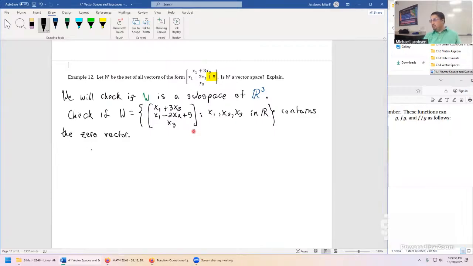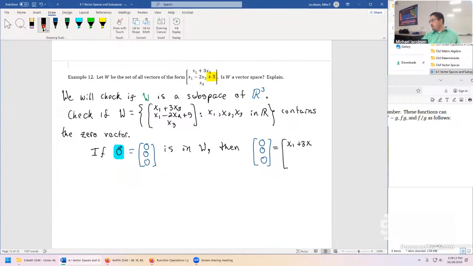So let's start by saying, if the zero vector, we're thinking the zero vector of the space R3, so the zero vector 0, 0, 0 is in W, then getting inside W would mean the zero vector 0, 0, 0 would be equal to x1 plus 3x3, x1 minus 2x2 plus 5, x3.